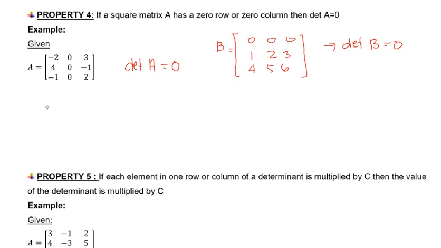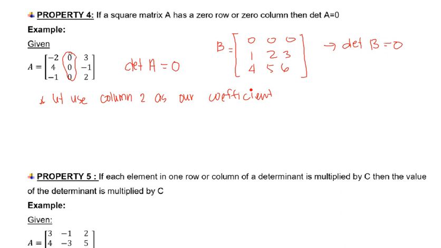So let's check if this is correct. So yung property 1, kunin natin yung property 1, we use column 2 as our coefficient para ma-check natin if really yung determinant A natin is equal to 0. So let's use the property 1. So let's use column 2 as our coefficient.